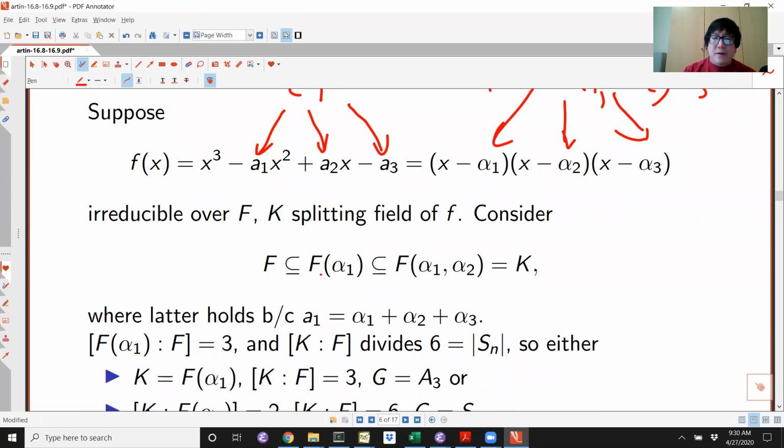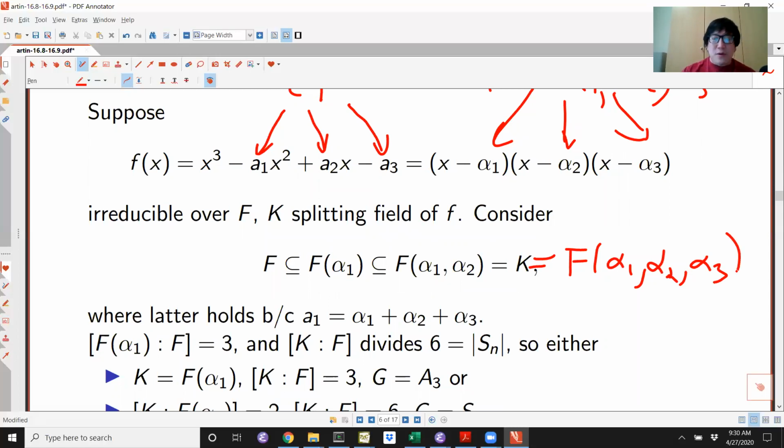F is contained in F of alpha 1, which is contained in F adjoin alpha 1, alpha 2, which is equal to K, which remember we just said was F adjoin alpha 1, alpha 2, alpha 3.